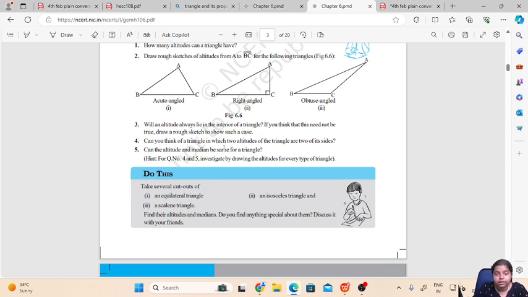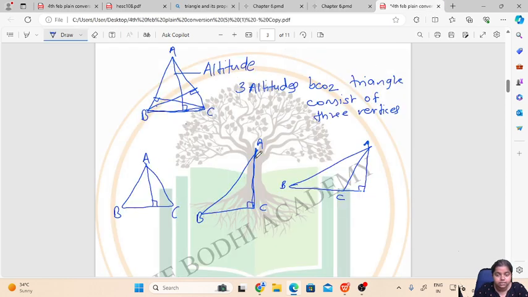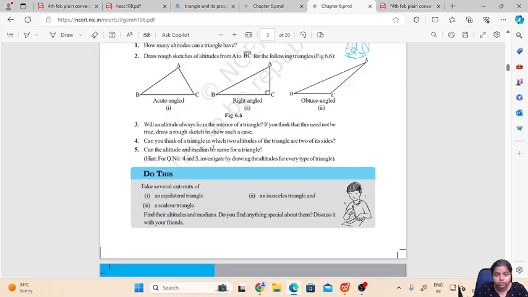Can you think of a triangle in which two altitudes of the triangle are two of its sides? Yes. Okay, so that is in the case of a right angle triangle. Here you can see there are two altitudes of the triangle that are two of its sides.